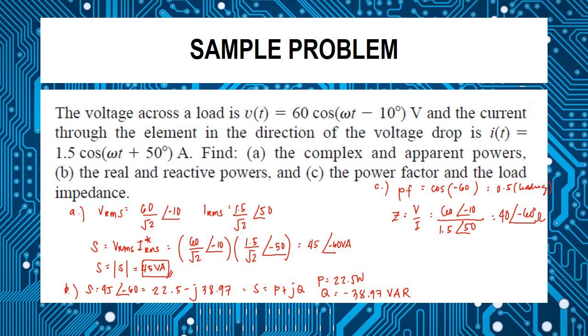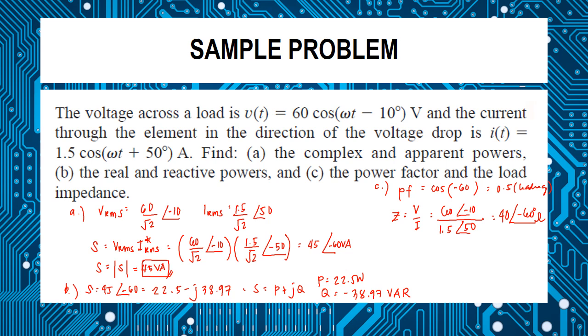So V_RMS is equal to 60 over square root of 2, angle negative 10, and for the I_RMS, we have 1.5 over square root of 2, angle 50. To get the complex power, S is equal to V_RMS times the conjugate of I_RMS. So that is 60 over square root of 2 angle negative 10, times 1.5 over square root of 2 angle negative 50.